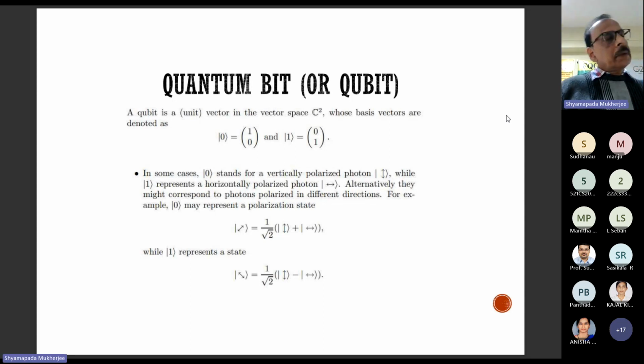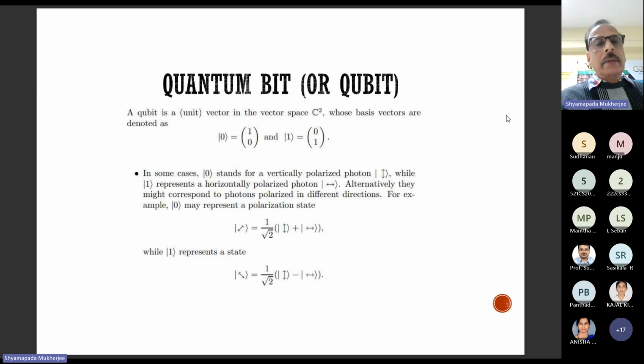A Hilbert space is also a vector space, but complete with respect to a norm and obeying certain properties. We shall not go into detail about this one; we shall make use of only vectors. So how to represent a vector? The 0 ket vector is simply the column vector (1, 0), and the 1 ket is simply the column vector (0, 1).